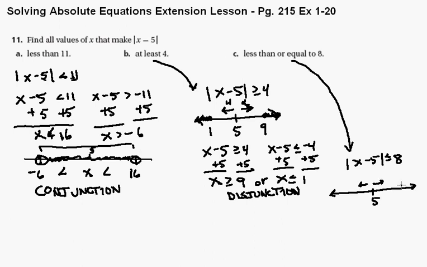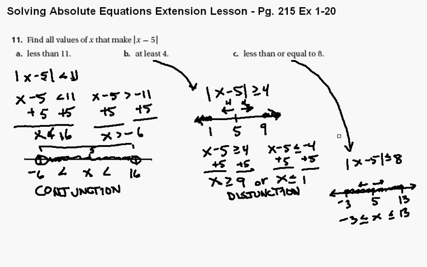Let's see, 8 and 5 is 13. 5 minus 8 is negative 3. And there's an equal to, so I think my graph is going to look like this. So I think x is going to be less than or equal to 13 and greater than or equal to negative 3. Let's see if that actually is what happens.